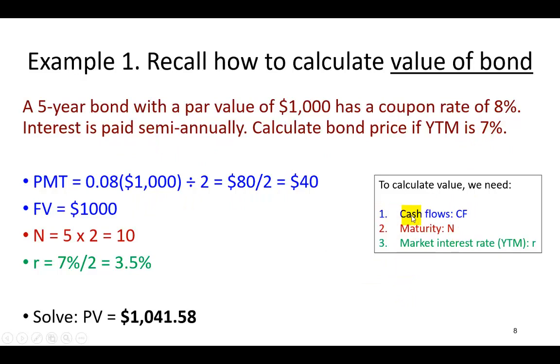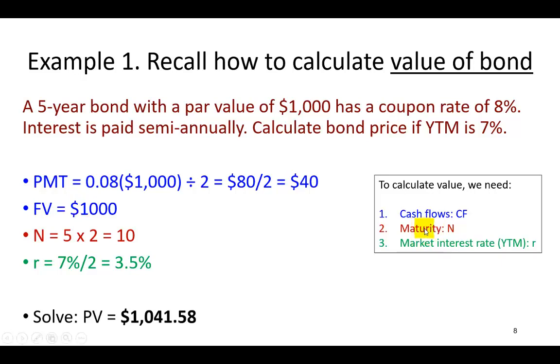The blue refers to the expected cash flows, which in the case of a bond consists of the coupon payments. Since this bond pays interest semi-annually, the annual rate of 8% of 1,000 is $80, split into 2 gives us $40 every semi-annual period. And then of course when the bond matures, you're going to get back the face value of $1,000. These are the two types of cash flows that you can expect when you buy a bond.